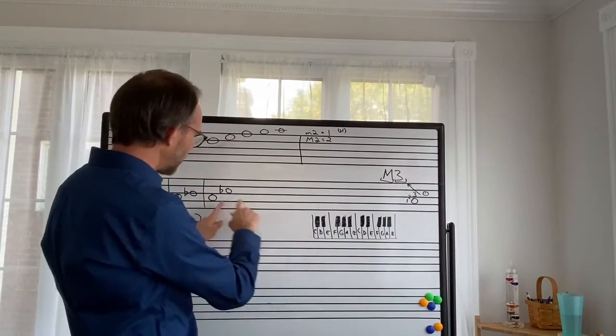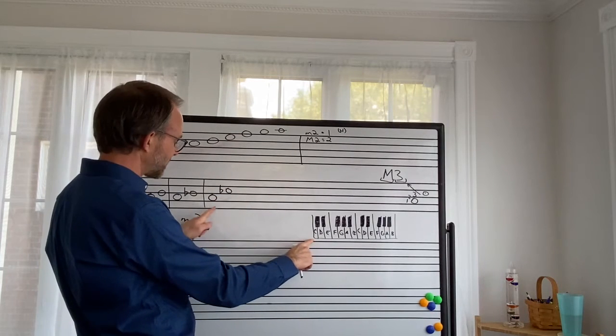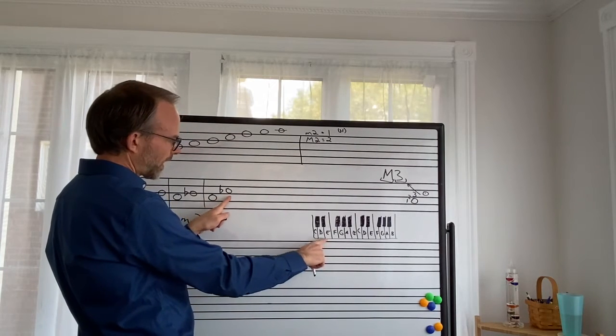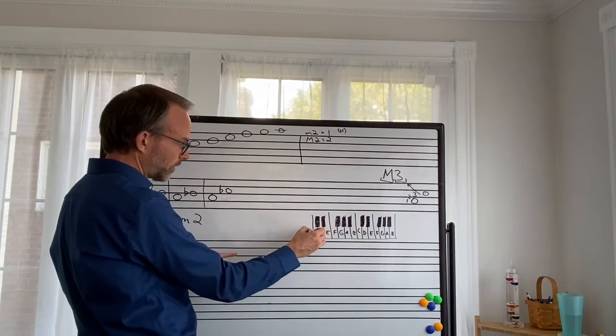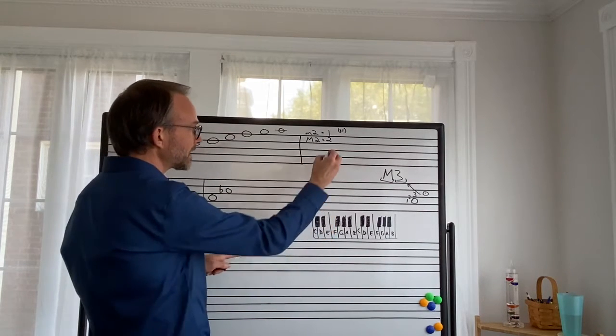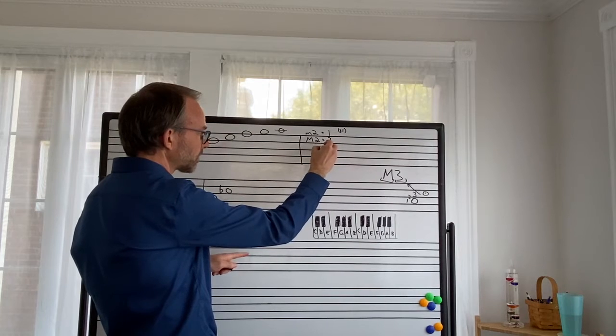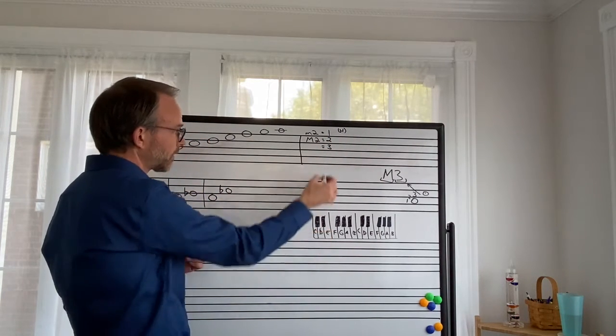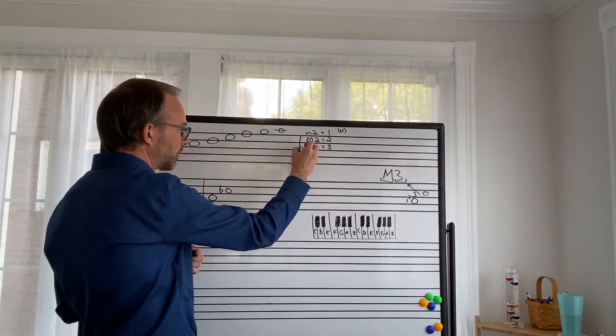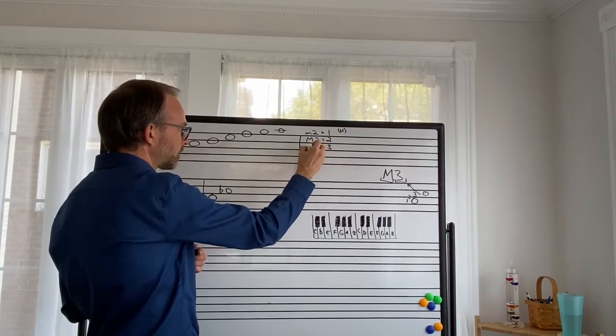So if we're relating these notes to the keyboard, we start on C, we go to E flat, which is right here. We don't count 1, 2, 3, 4. We count 1, 2, 3 half steps. Remember, 2 half steps went to the D, which was a major second. 3 half steps went to here. This is going to be called a minor third.